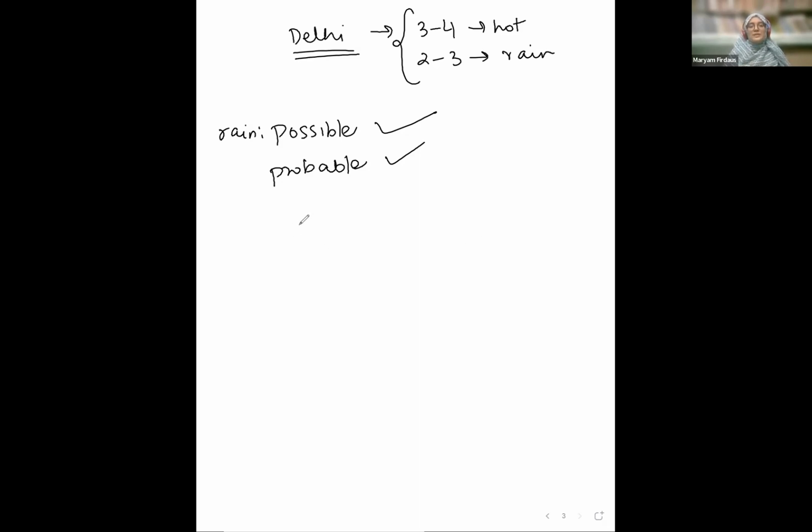For example, we're talking about rain, right? Which is the most rained upon city in India? Which place receives the most rain in India? Do you know? Mumbai? Actually, it's Meghalaya. Have you ever heard of this?